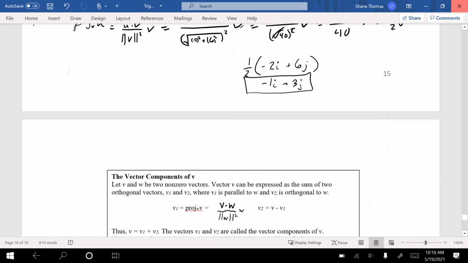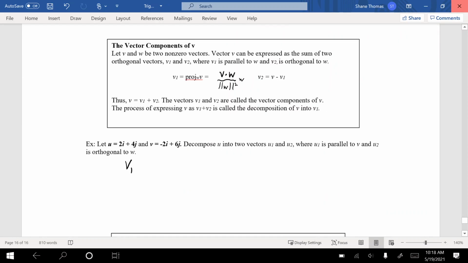So we had -I plus 3J. And we just found that from the last problem, which is -I plus 3J. All right, that was previous. I cheated a little bit.